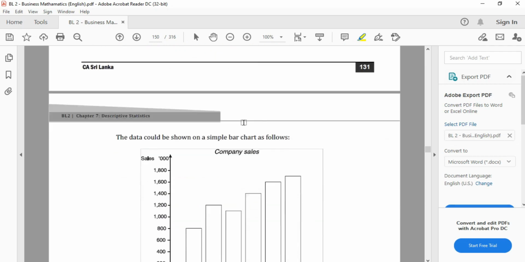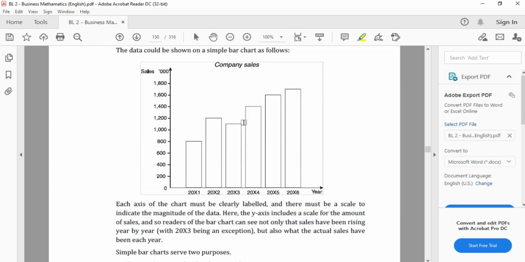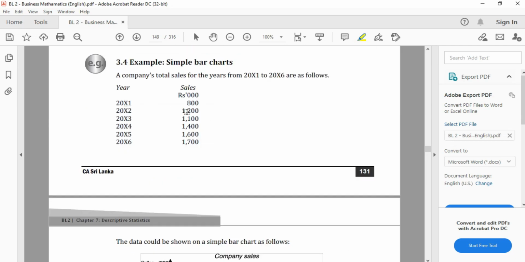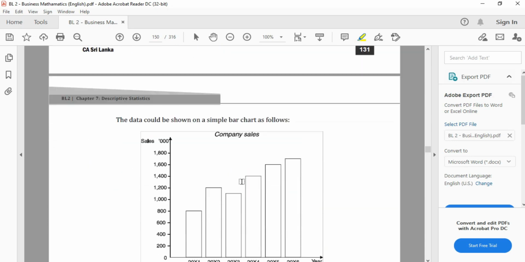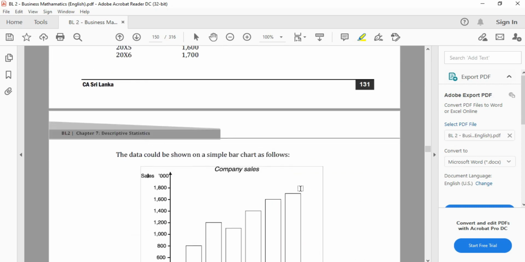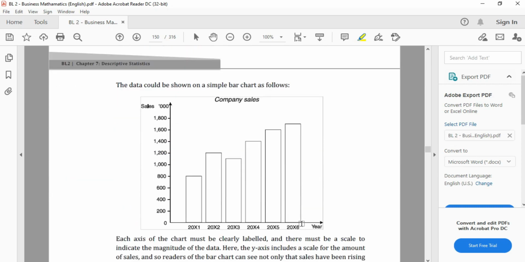See how they've drawn the chart. For 2001, they have just selected 800 as their spot and marked their upper limit, and then they drew a box like this. 2002, same thing, it is 1200 sales, and they drew a box here as well. 2003 same, it is 1100. And 2006 has 1700.